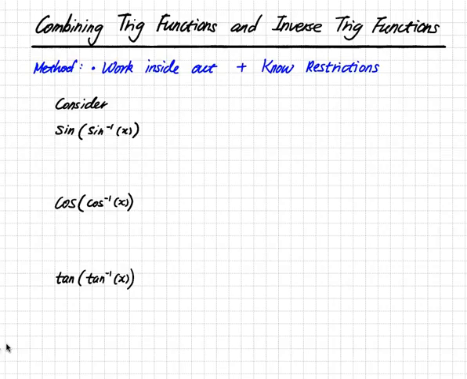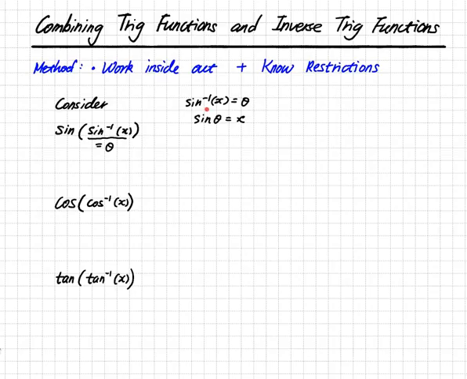Let's consider sine of sine inverse of x. Now, sine inverse of x can be seen as the angle, so we can say sine inverse of x is theta. Rearrange it, we know sine theta is x. What we are going to do here is think about the restriction.